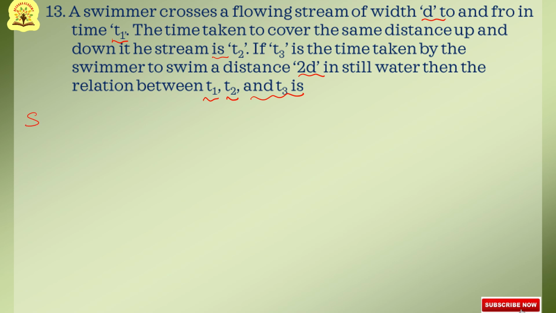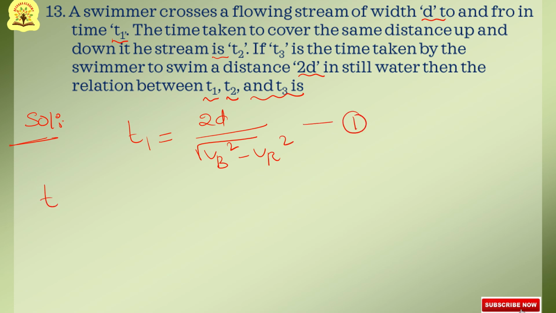Okay. Now let us go to the solution. Here T1 is equal to 2d by root of Vb square minus Vr square. Consider this as equation number 1. And T2 is equal to d by Vb plus Vr, velocity of boat and velocity of river, plus d by Vb minus Vr.